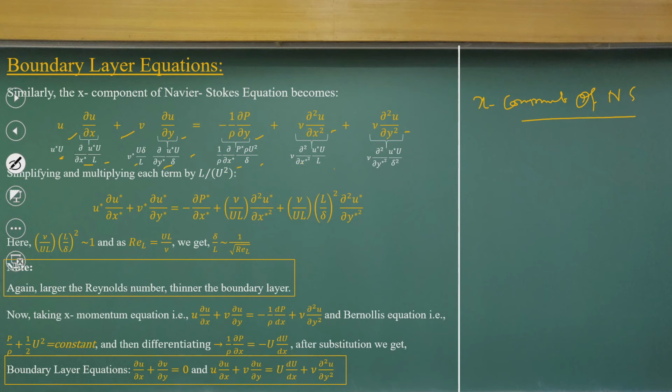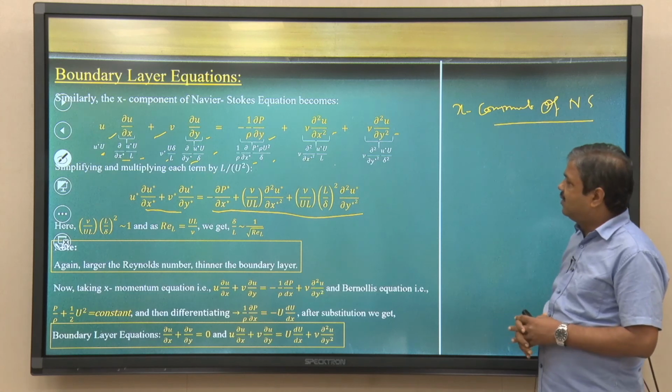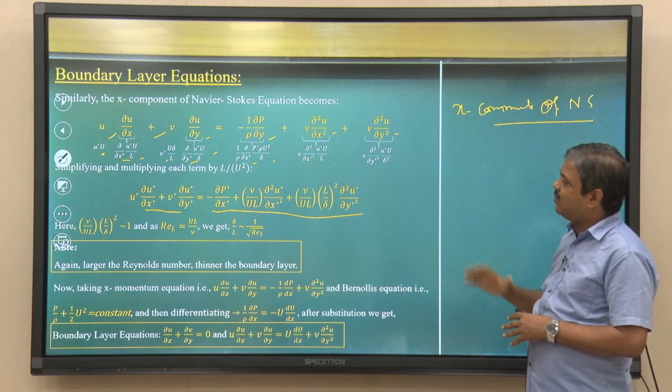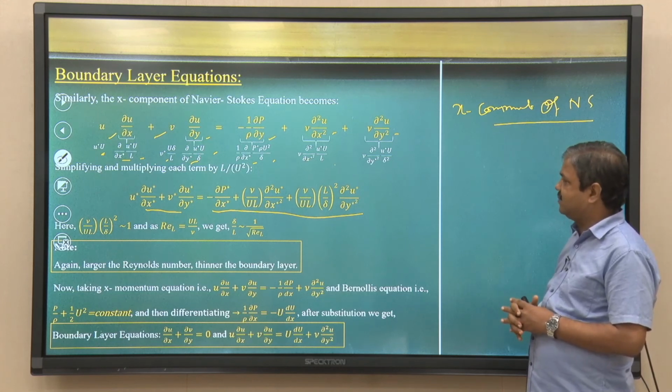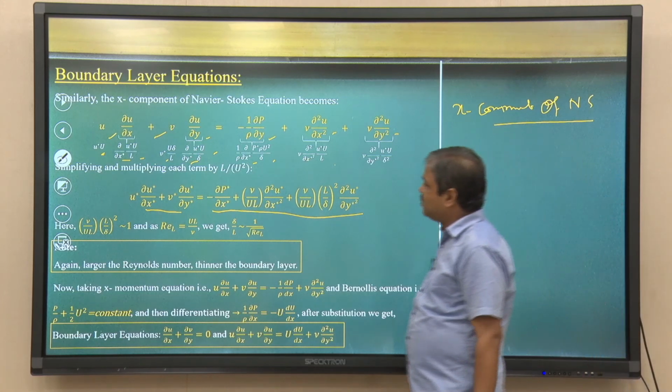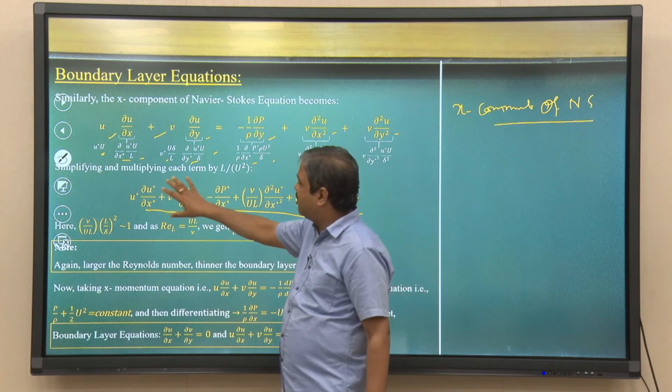If you rearrange it with a multiplication of L by u squared, you will get again, in a slightly different form, the same non-dimensional form of the Navier-Stokes equations in the x direction. As explained, these all have order 1.